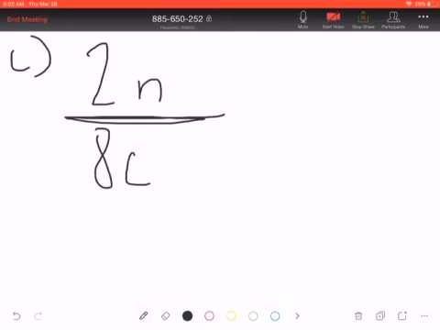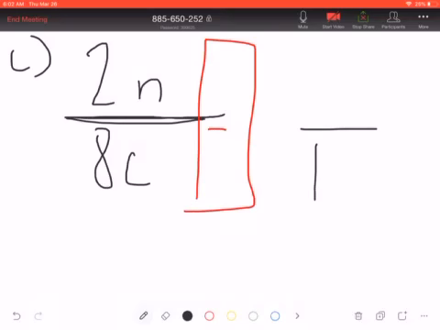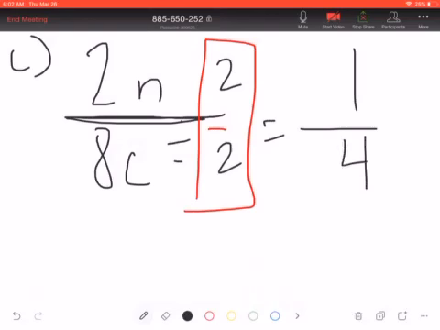So you've got 2/8. If we want it as a percent, again, what I would probably do is use the giant 1, and I would actually probably reduce this, and I would just divide by 2/2, and that would give you 1/4, and you should know that 1/4 is the same as 25%.